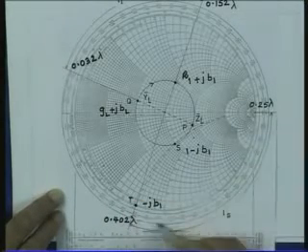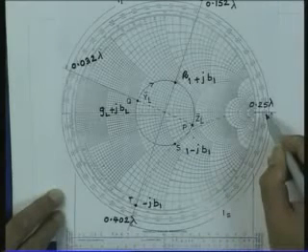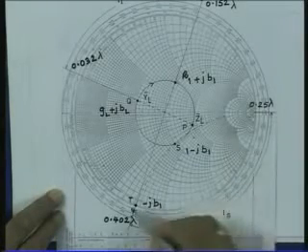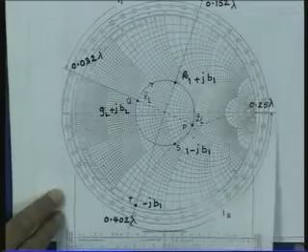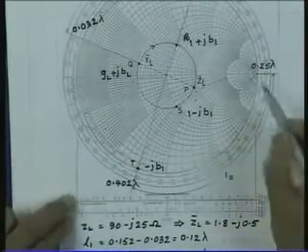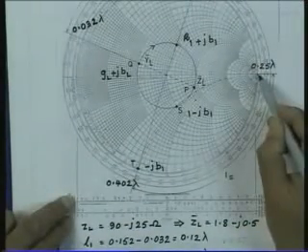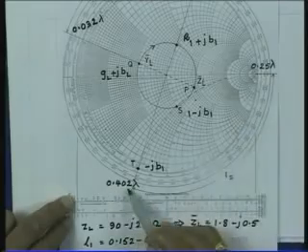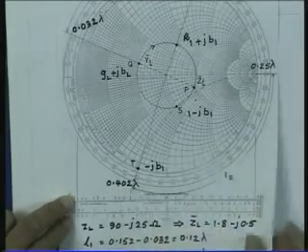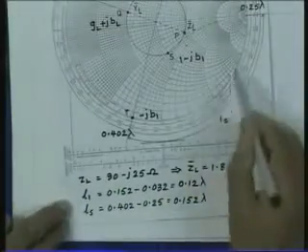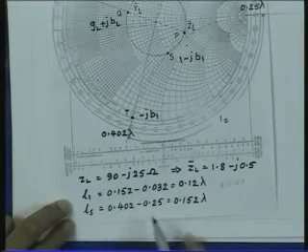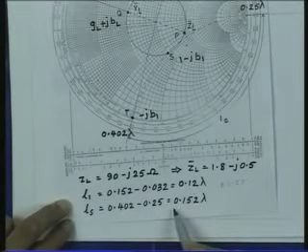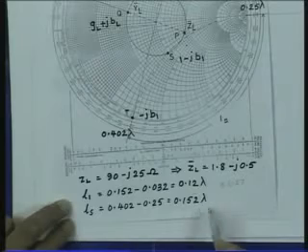So, I move in the anti-clockwise direction till I reach the rightmost point on the Smith chart. Again I can read the lengths. This point corresponds to 0.25 lambda, this is 0.402 lambda. So, the difference of these two gives me the length of the stub, and that is 0.402 minus 0.25, equal to 0.152 lambda.